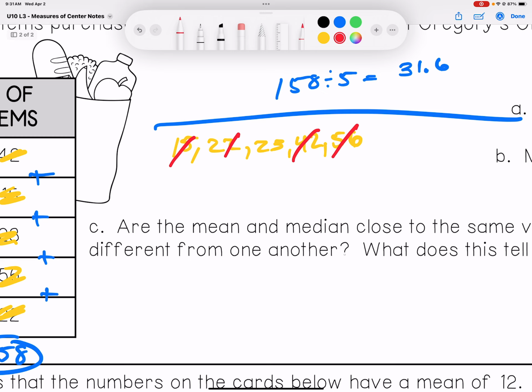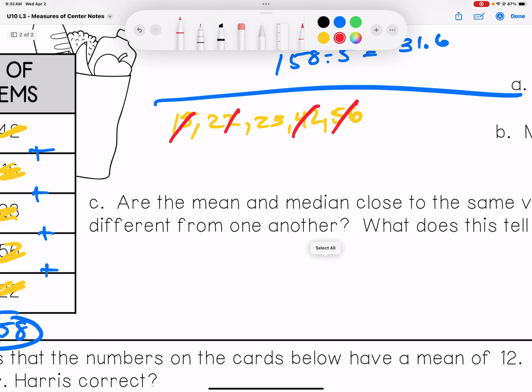Are the mean and median close to the same value or very different from one another? What does this tell you about the data? Well, first of all, they're not close. That's number uno. Sometimes they could be close, but sometimes they're not close at all.